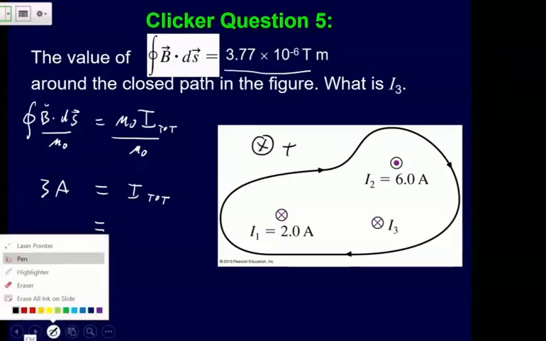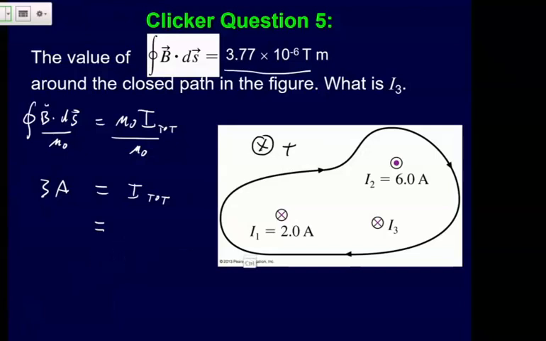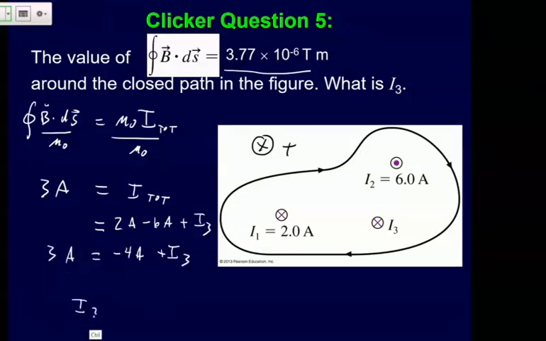If I draw that out here, we'd have a positive 2 amps, a negative 6 amps, and then plus the I3 from over here that I'm trying to find. So this ends up being negative 4 amps plus I3 equals 3 amps. And so if I solve for my I3, I get 7 amps.